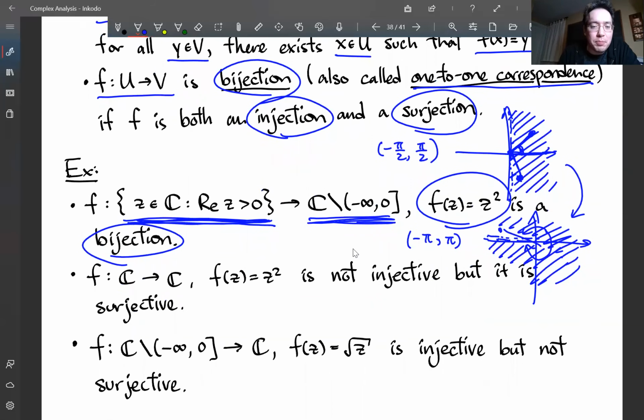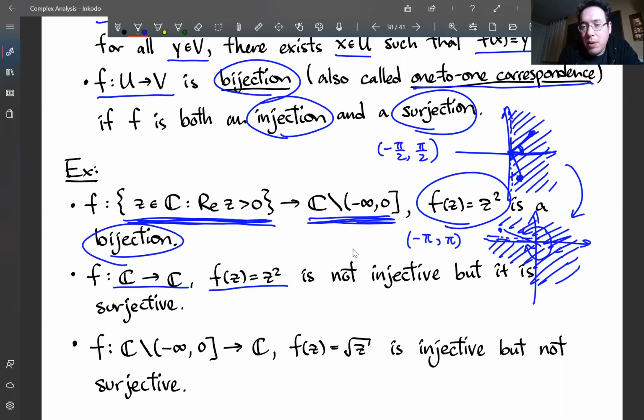If you view the function z squared in the whole complex plane, then it's not injective because two different numbers could have the same square. For example, -1 and +1. If you square it, you get 1.